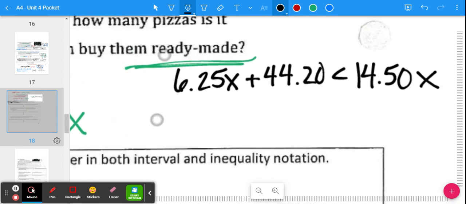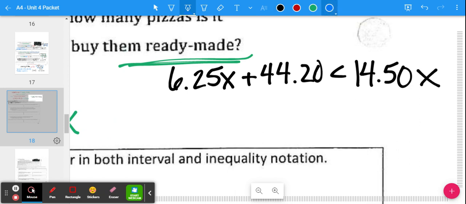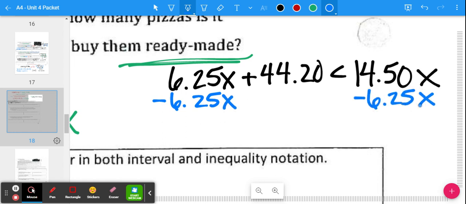Okay. So at this point, we are going to subtract the 6.25x, because on the right side there are only x values. So you have to combine your like terms. We've got to get all of our x's on one side, all of the numbers without an x on the other. So the easiest way to do this is to subtract the 6.25x.